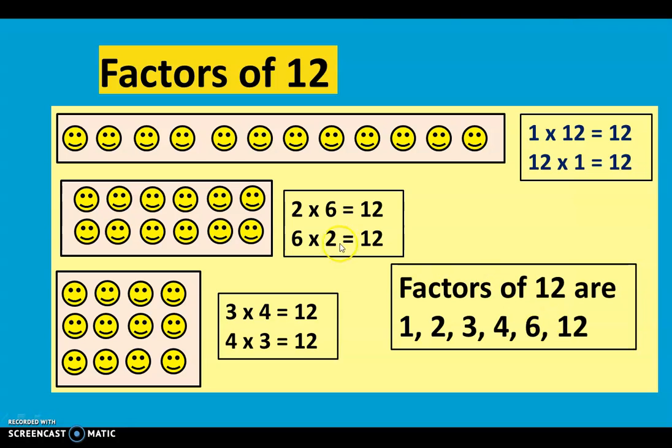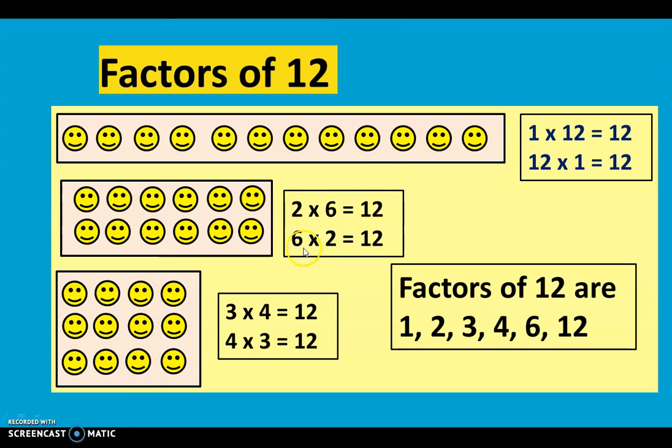The 12 can be placed in this way. It is in one line with 12, or two lines with 6, 6, and three lines with 4, 4, and even four lines with 3, 3, but I have not done that here. You can imagine it by yourself. So 4 lines with 3, 3.